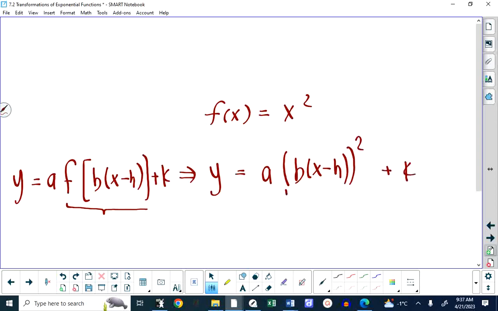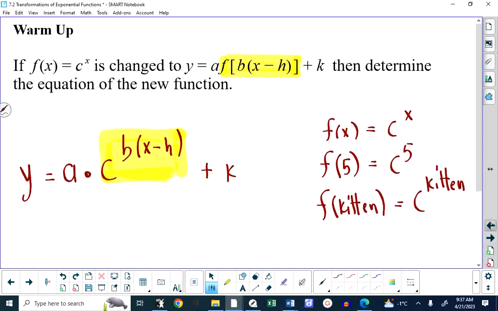This middle part is always just f of b times x minus h. It's what you get when you put in for x b times x minus h. If this was sine of x, then it wouldn't be squared, it would be sine of b times x minus h.